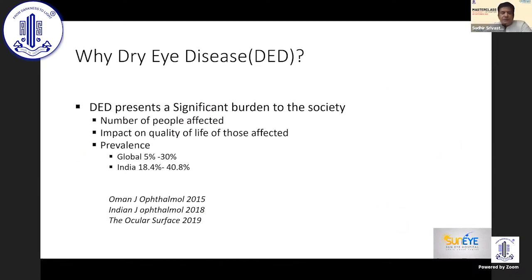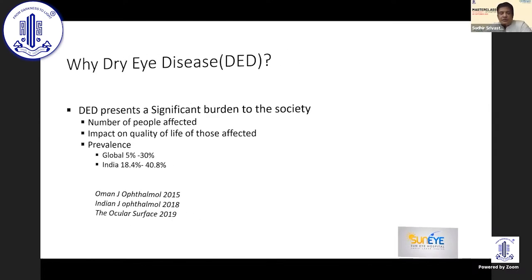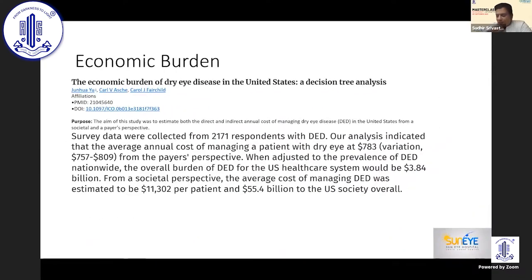Why is it important? If we look at the prevalence of this problem globally, 5 to 30% of patients have some kind of ocular surface problem, and in India it is around 20 to 40%. It means every second patient coming to the hospital has some kind of ocular surface problem.